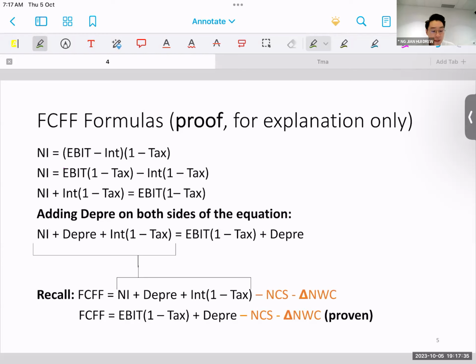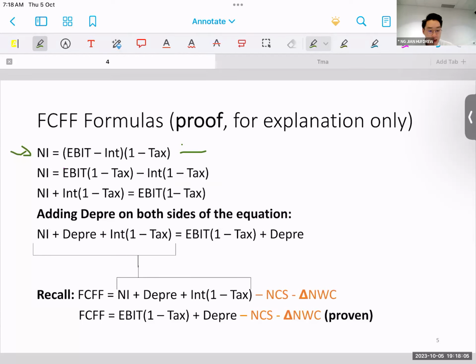We start off with net income. So we know that net income equals EBIT. What's EBIT? EBIT is earnings before interest and tax. So if we minus interest and we minus tax, it will give us the net income. Everyone got that? Yeah.